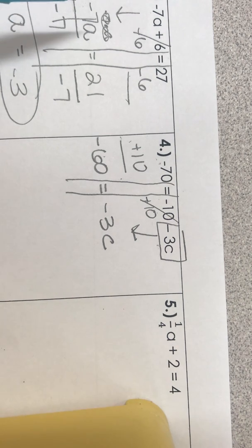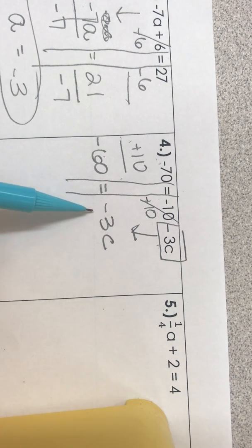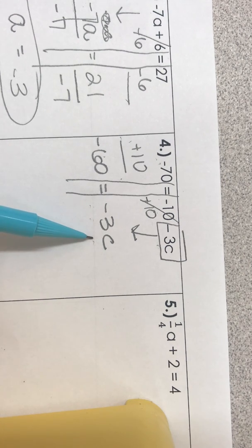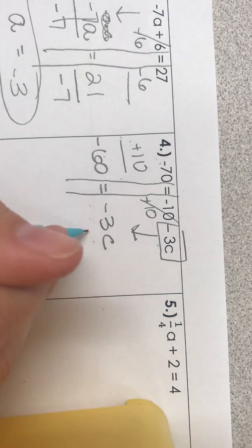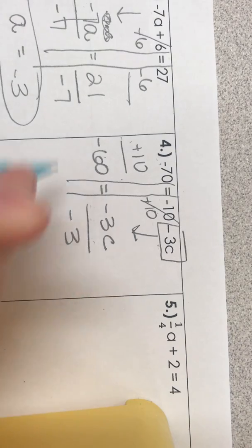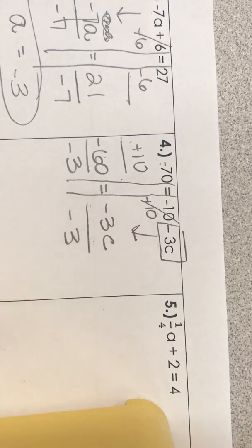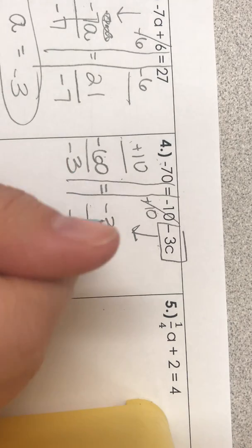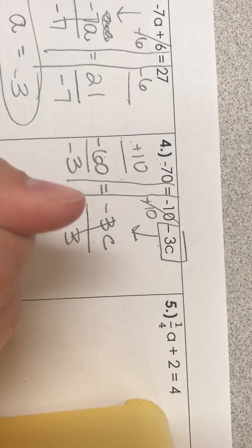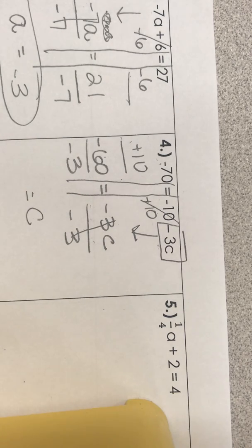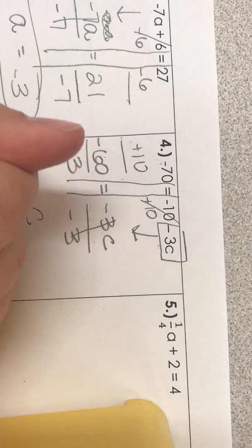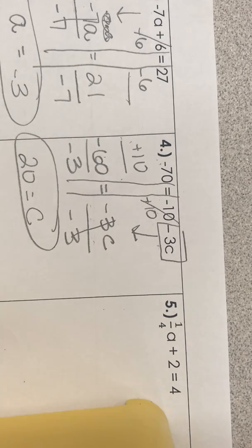Just like in our last problem where we had to divide by a negative number, we're going to do the same here. -3C means -3 times C. To undo the multiplication, I'm going to divide by -3 on both sides. -3 divided by -3 is just 1C equals -60 divided by a -3 is a +20.